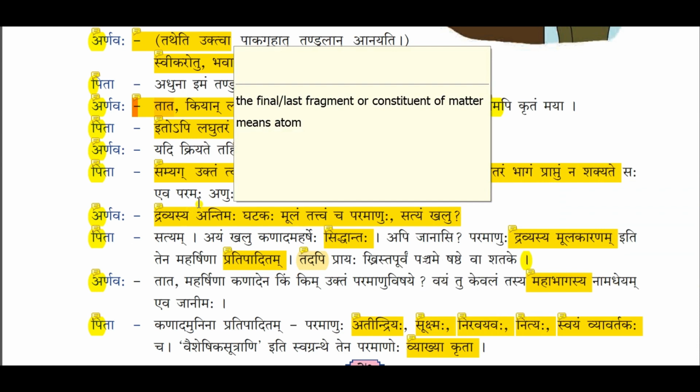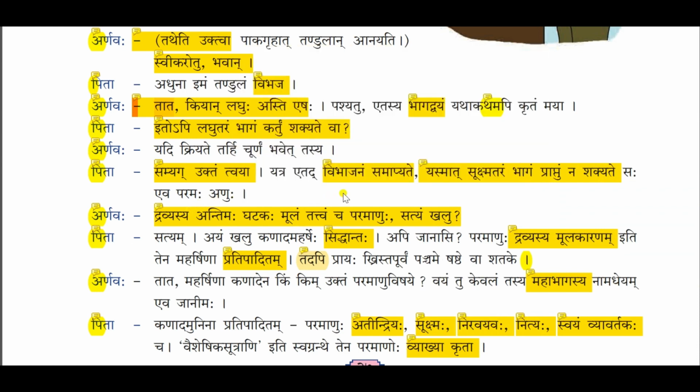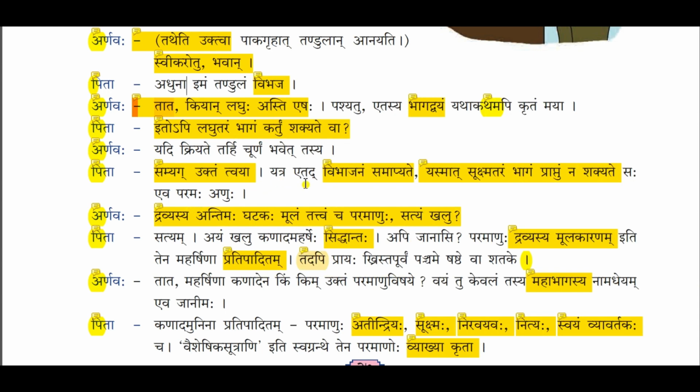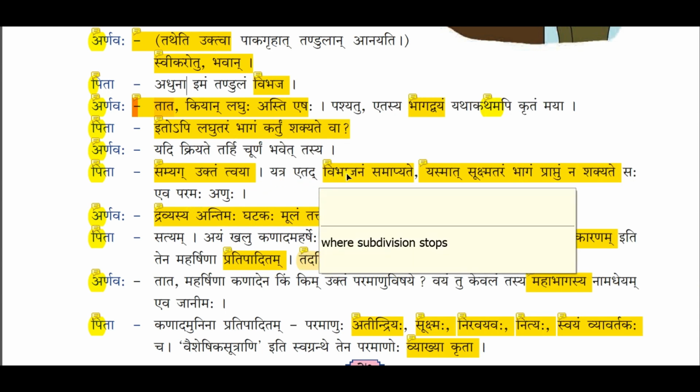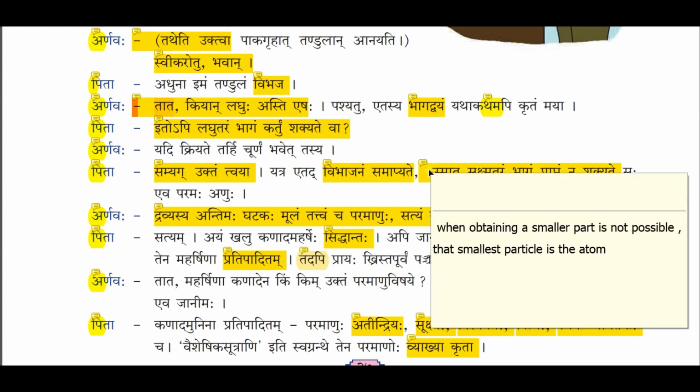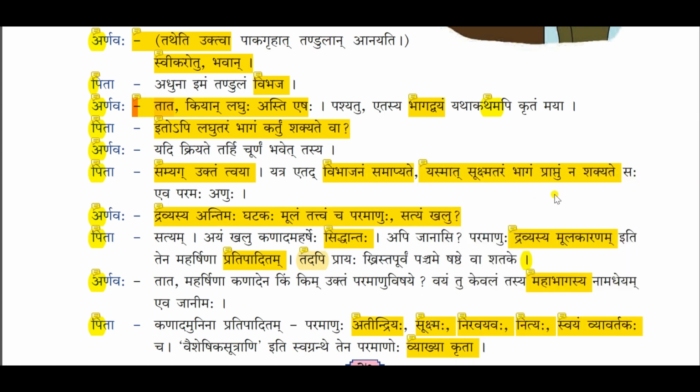Sah eva paramanu, that is atom. So the father said, rightly said by you, where the subdivision stops, from where obtaining a smaller part is not possible, that smallest particle is called the atom.